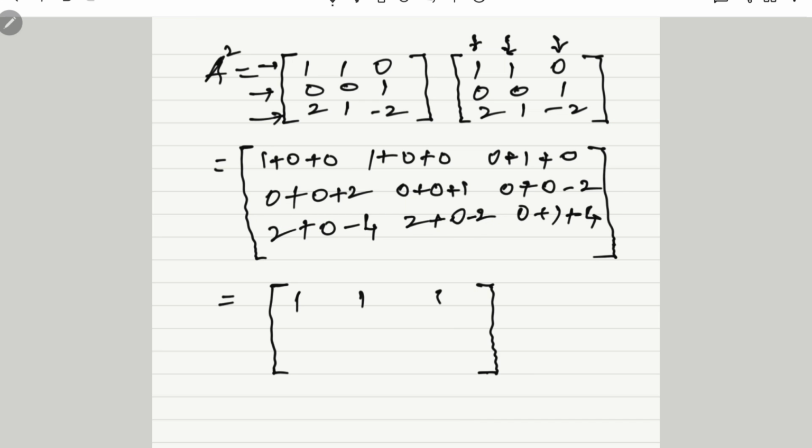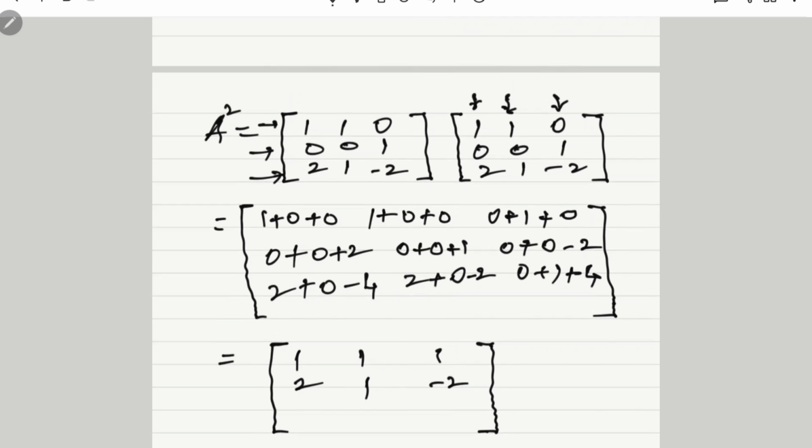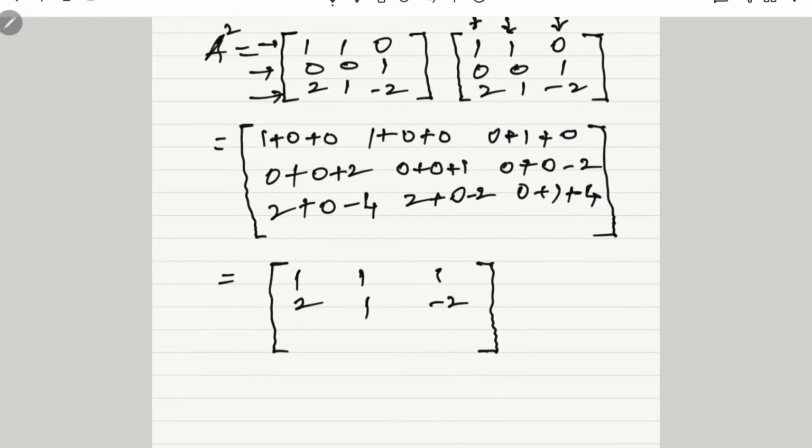Then second row, first element is 2, middle element is 1 and last element is minus 2. Then 2 minus 4 we get minus 2. 2 minus 2 as 0 and 1 plus 4 as 5.